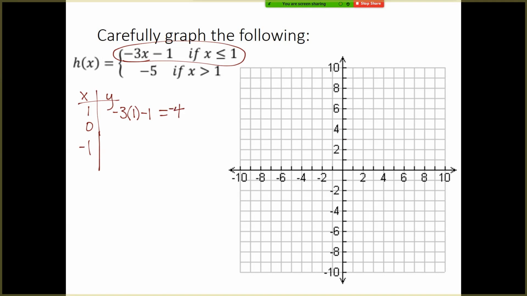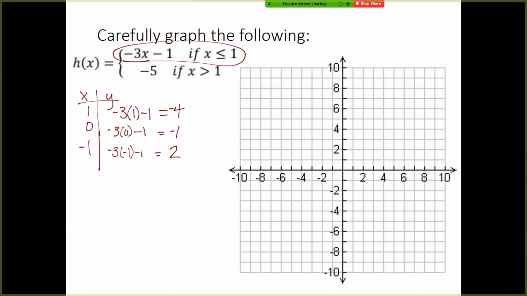So my first ordered pair, I could graph 1, -4. Then I'm going to plug in 0: -3 times 0, minus 1. Well, -3 times 0 is 0, minus 1 is -1. For the last one, we're going to take -3 times -1, minus 1. -3 times -1 is 3, minus 1 is 2.